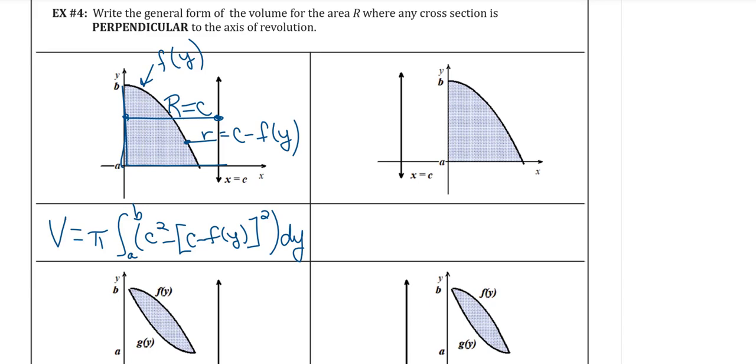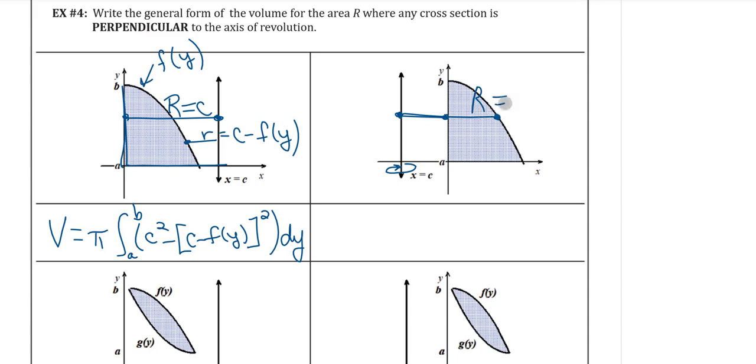And so when our axis is on the other side of the y-axis, and we have x equals c, and c is going to be a negative number, and we're rotating around our axis in this way, we're going to have our capital R be from the edge of the curve clear over to the axis. So we have this length of c here between the axis and the y-axis, and then we have this length, which is measured by our curve f of y, I'm sorry.